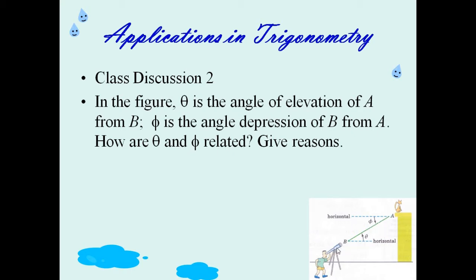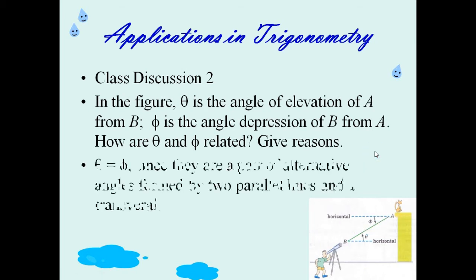That means they are parallel. And here it is a Z-shaped figure, which means these two are alternate angles. So we can say theta is equal to phi, since they are a pair of alternate angles formed by the two parallel horizontal lines and a transversal.